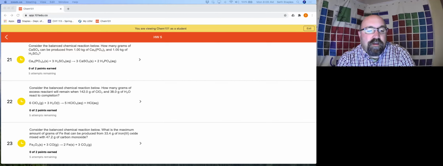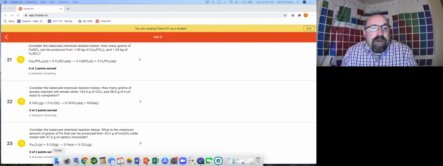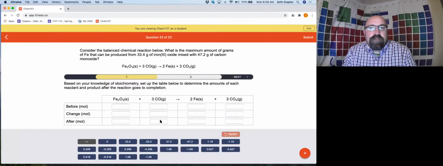But it is a great problem solving technique, just another tool, another way to solve limiting reactant problems. And so let's go ahead and just walk through number 23. Let's go through this whole problem. And so we have a balanced equation, the reaction of iron 3 oxide with carbon monoxide to produce some solid iron and gaseous carbon dioxide.